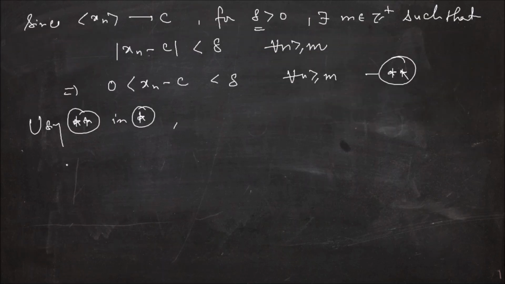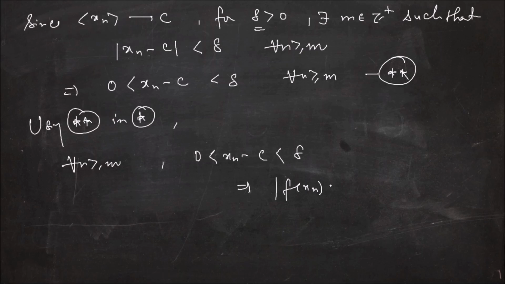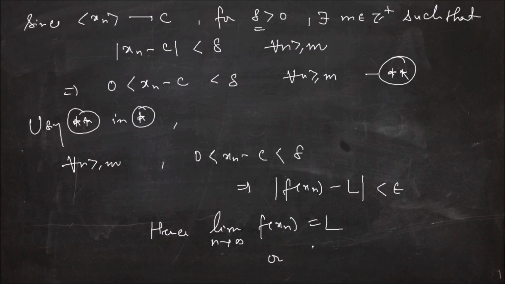So using this we get for all n greater than or equal to m, 0 is less than xn minus c less than delta, so this implies |f(xn) minus L| is less than epsilon. So this is what we wanted to prove. Hence the limit as n tends to infinity of f(xn) is equal to L, or f(xn) converges to L. So this is what we had to prove.